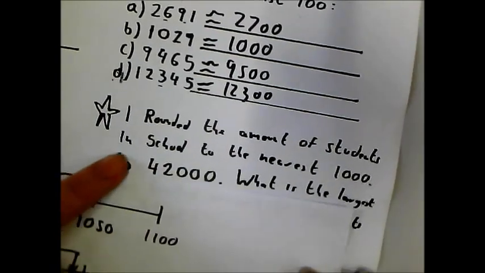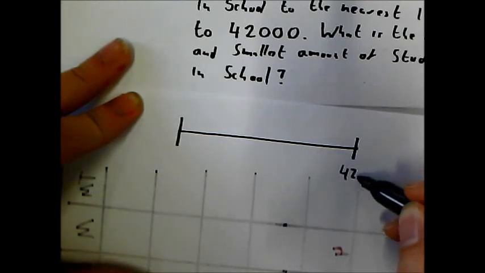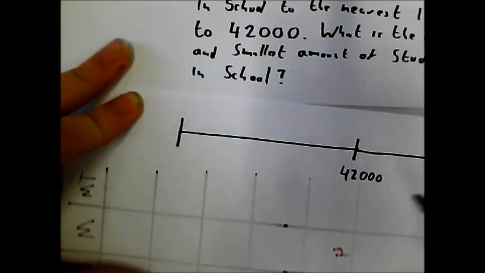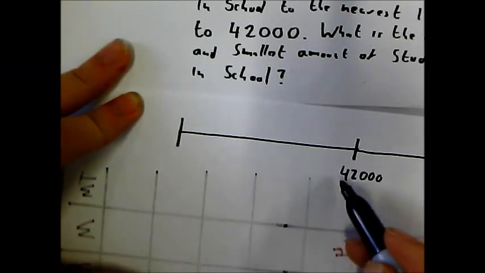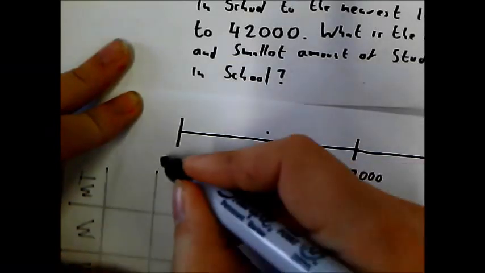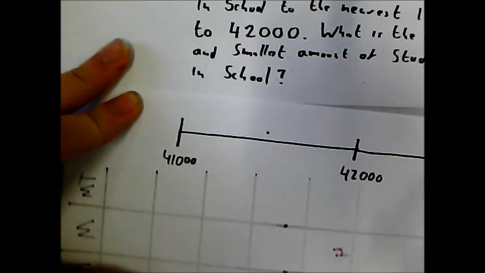So on my number line, I have the number 42,000. So I'm going to put this here in the middle. I need to think, which numbers would make it round to this amount? So I could have also had 41,000, or I could have had 43,000.